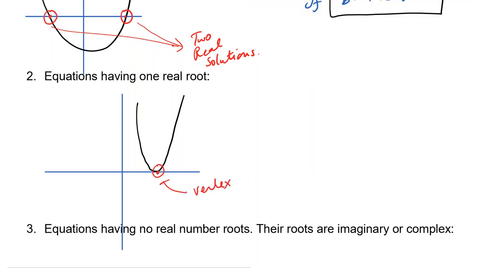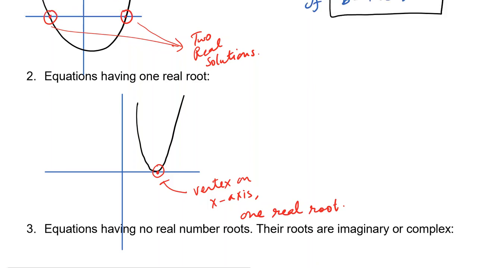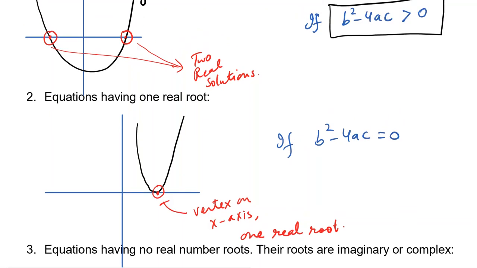So the vertex is the solution. With the vertex on the x-axis, we have only one real root in this case. And this happens if b squared minus 4ac equals 0. In that case, we have only one solution, which we also call a repeated root.